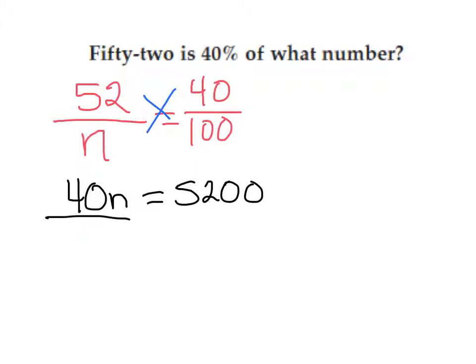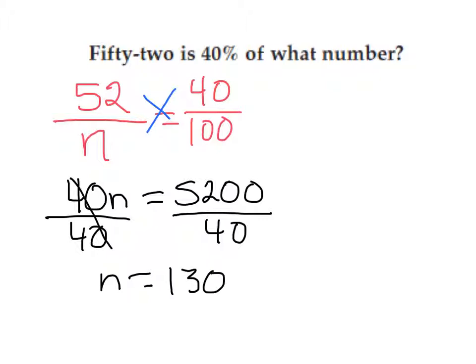Now go ahead and divide by 40 on both sides to isolate the n, and whatever I do on one side I do to the other. So I have n isolated. I take out my calculator and I find that 5,200 divided by 40 is 130. We look at the problem. Once again, I'm not looking for percent. I'm looking for the base, so that means I'll leave the number the way it is and no need to round.